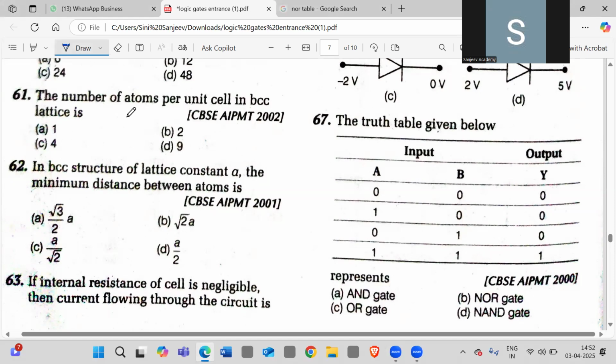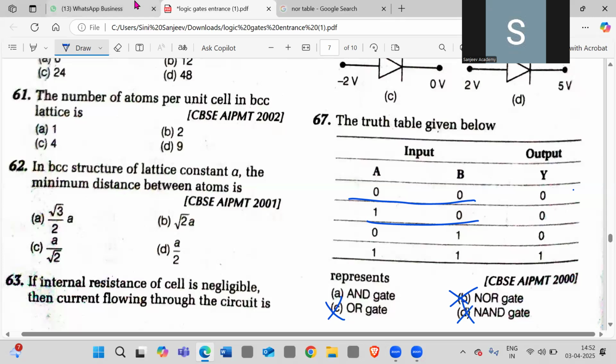OR gate means what? 1 plus 0 should be what? 1. OR gate is not the thing. NOR gate. 0 plus 0 should be what? 1. 0 plus 0 should be equal to 1. So this is also not a thing. 0 into 0 is equal to 0. So it's AND gate. NAND gate is 1. So option A. We have to eliminate fast and we have to get the answer.